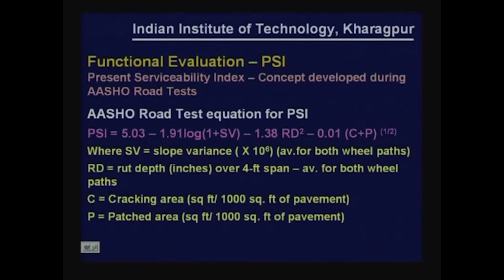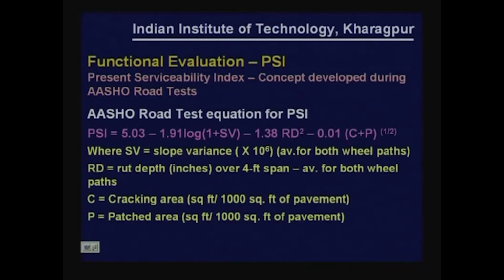The AASHTO road test equation for present serviceability index correlates the present serviceability index with the surface characteristics of the pavement such as slope variance, which gives an indication of the variance of the surface profile in the longitudinal direction, and rut depth for a flexible pavement.